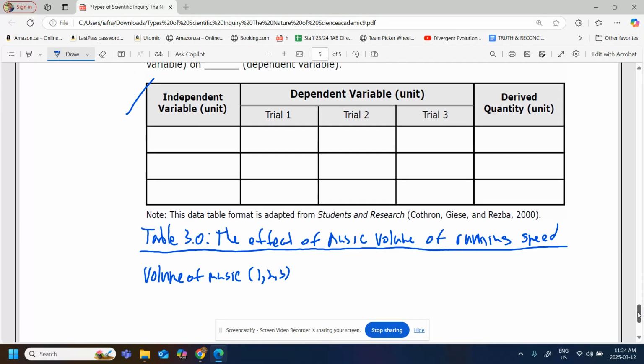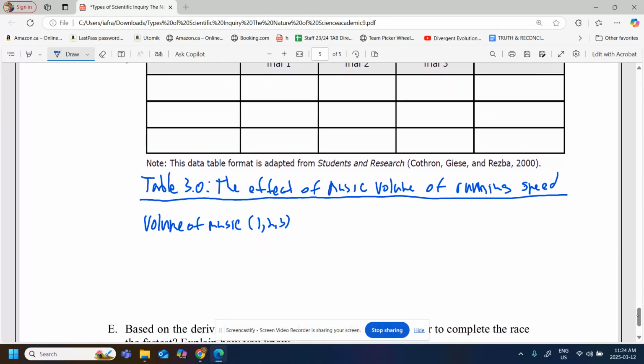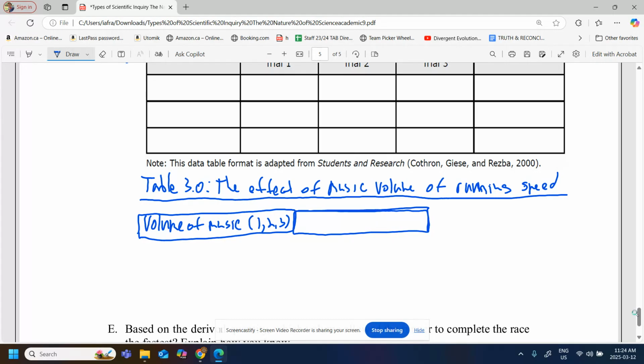And then we're going to have our dependent variable here, which is going to be the run time in seconds. And then over here we're going to have our derived quantity, which is going to be our average run time in seconds.